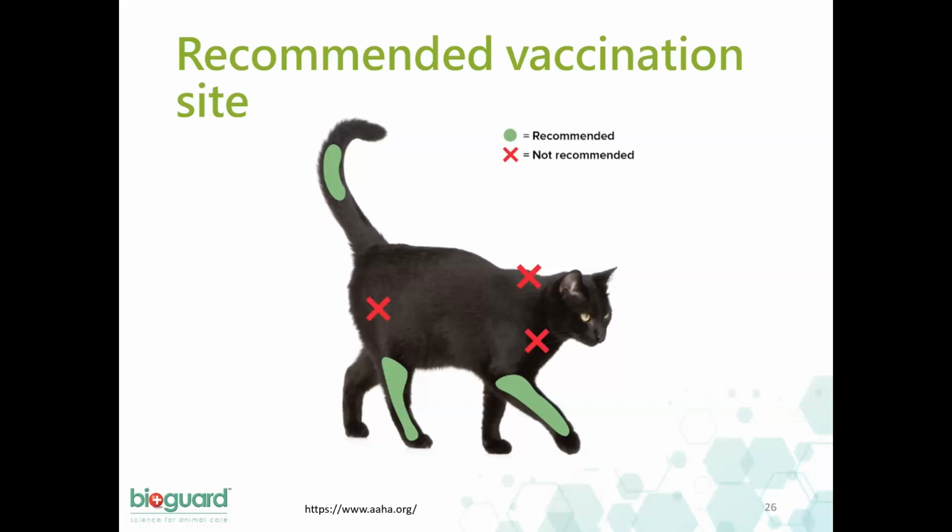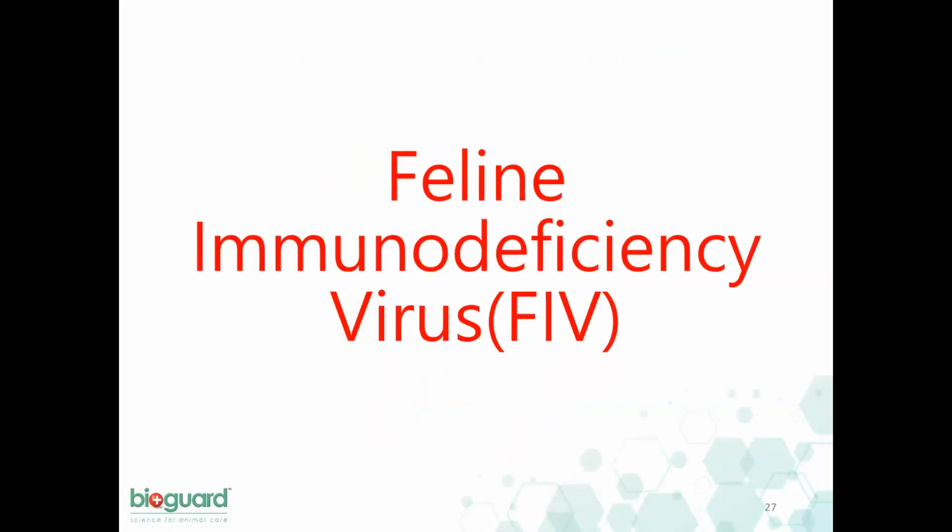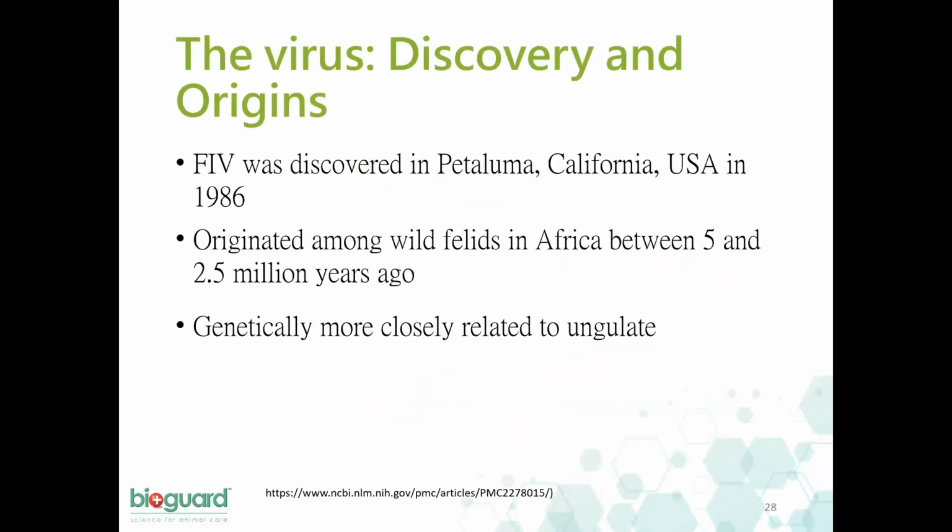So next retrovirus is the FIV, or the Feline Immunodeficiency Virus. The FIV discovery and origin. It was first isolated in 1986 by Niels Pedersen and Janet Yamamoto at the UC Davis School of Veterinary Medicine.